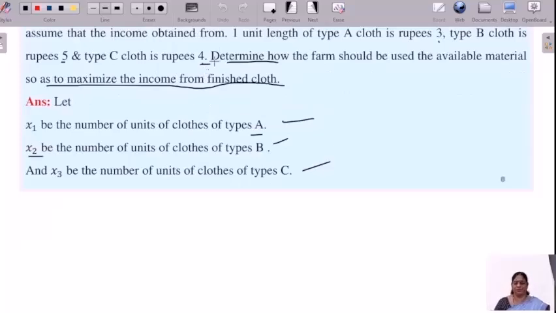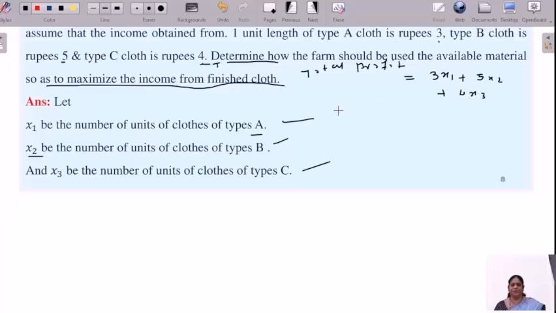Therefore, our objective function, total profit, is equal to 3 into x1 plus 5 into x2 plus 4 into x3.